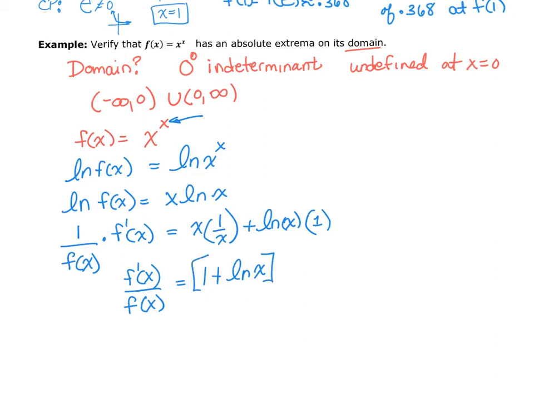Now, what I need to do at this point is I'm only looking for f prime of x, so I am going to multiply both sides of this equation by the function, and I will finally get that the derivative is 1 plus the natural log of x times x to the x.